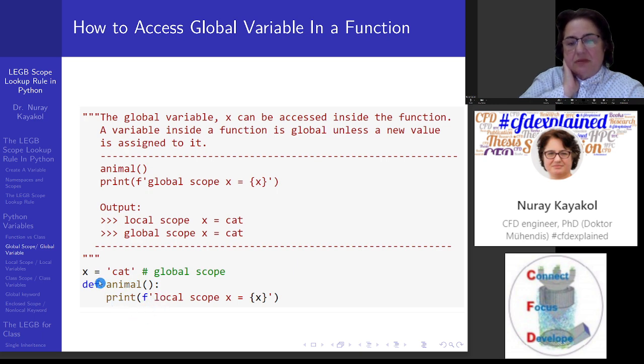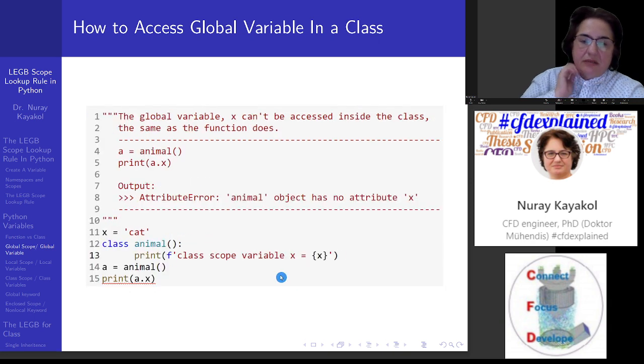It's possible to access global variable, and you see it's possible to get the value and print. But if you do the same thing with the class keyword, it gives attribute error, because nothing related to x is defined inside the class. This is the first difference between function and class. That's why I wanted to show this.